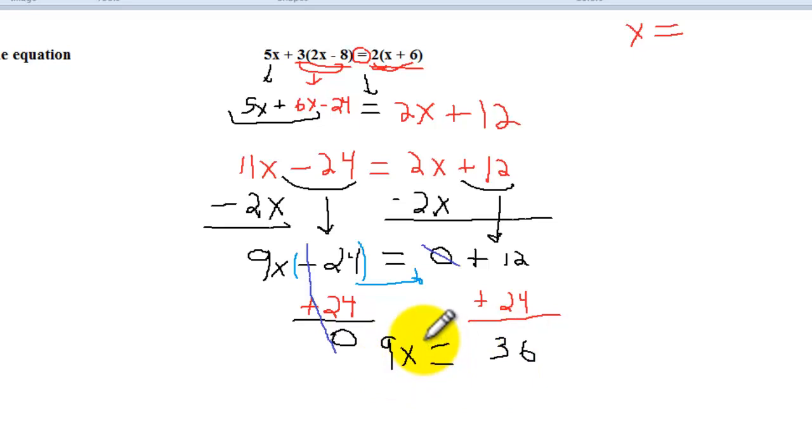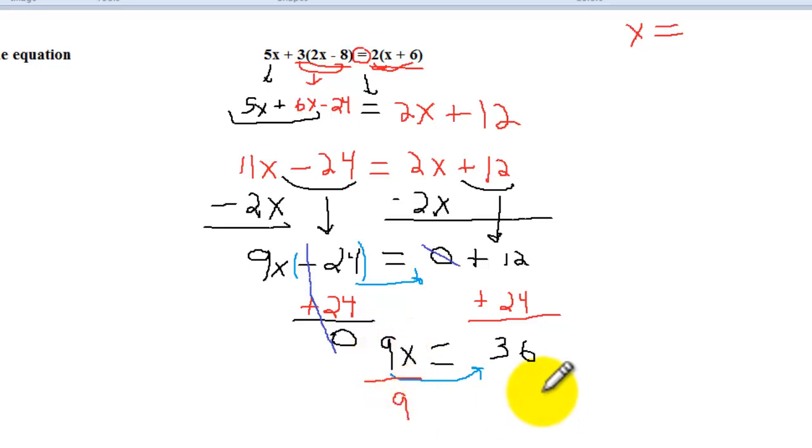So we still are working on isolating the x. When you have an x over here, now it's multiplied to 9. So in order to move this 9, just like we were trying to move these terms to the other side of the equation, we have to do the opposite function. It's multiplied here, so we divide the 9 to move it away from the x.